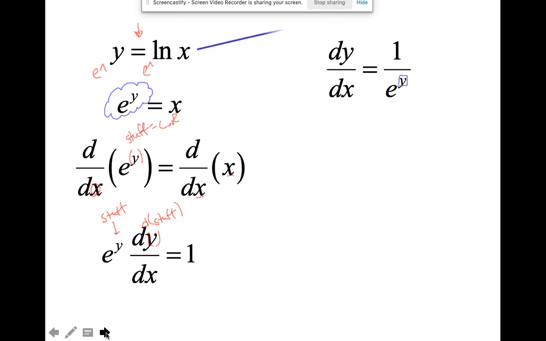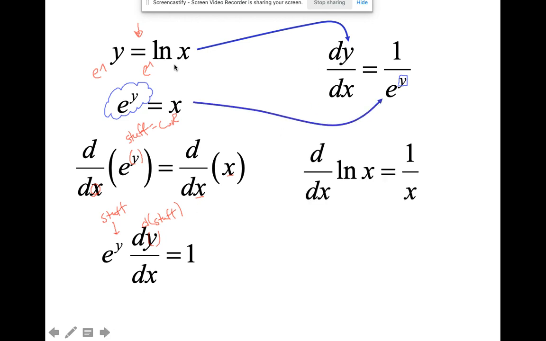Check it out. e to the y was equal to x. So I just replaced e to the y. I mean, I could have done that too. e to the ln x is just x.